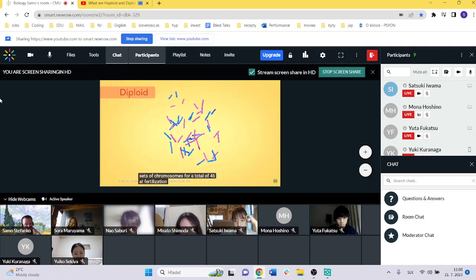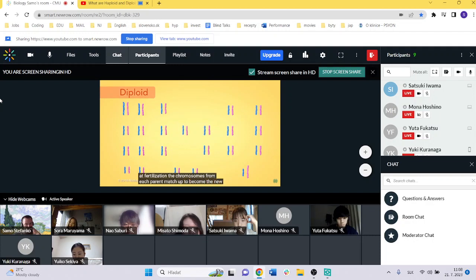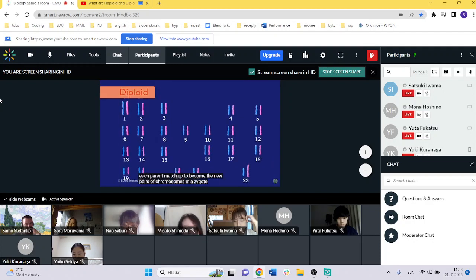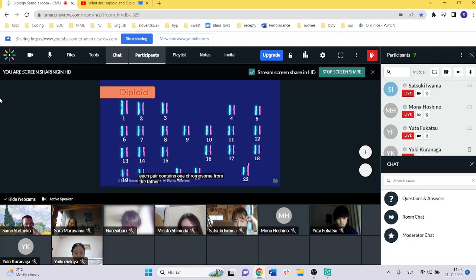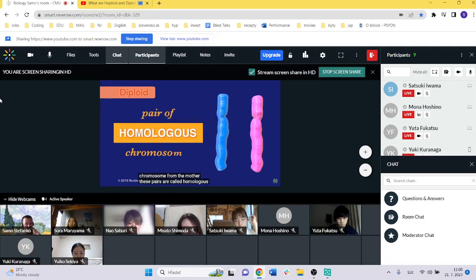At fertilization, the chromosomes from each parent match up to become the new pairs of chromosomes in a zygote. Each pair contains one chromosome from the father and a corresponding chromosome from the mother. These pairs are called homologous chromosomes. Homologous chromosomes are similar in shape and size, along with the same types of genes in the same locations.